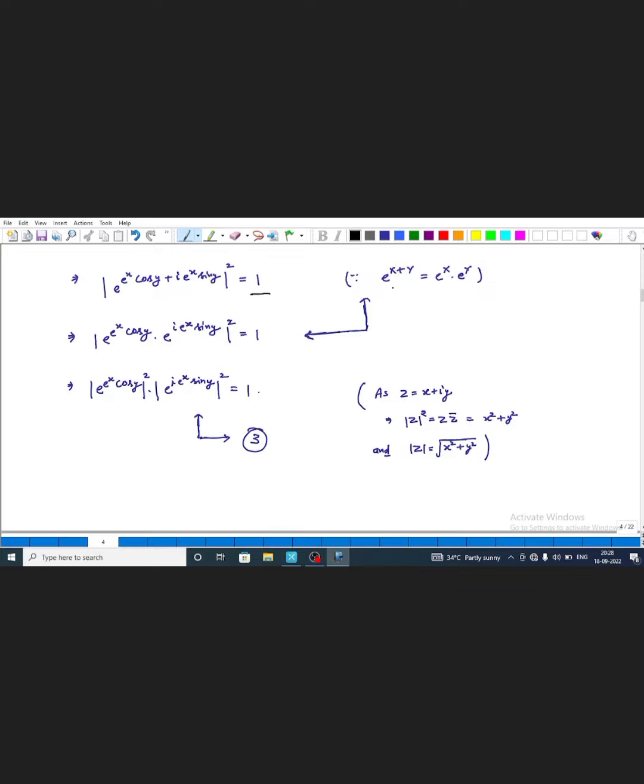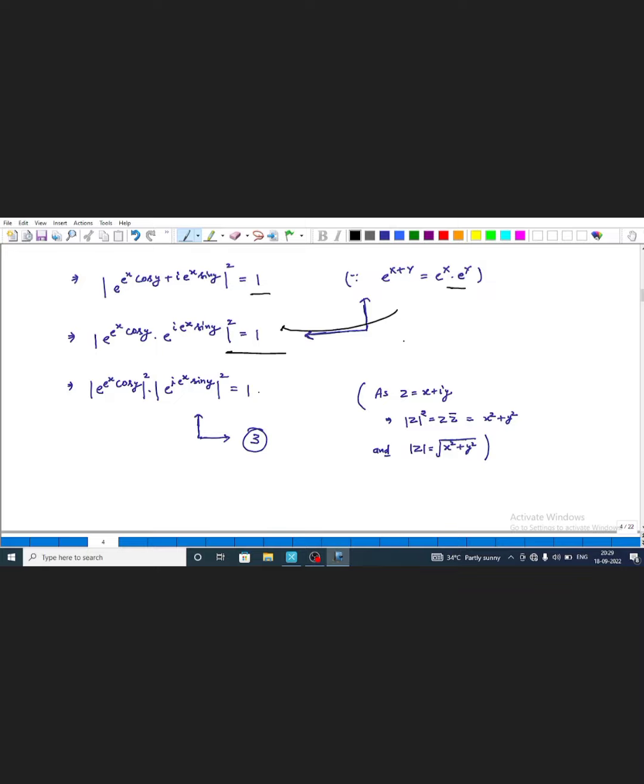Now this implies that the square of modulus of e power x cos y plus iota e power x sin y is equal to 1.